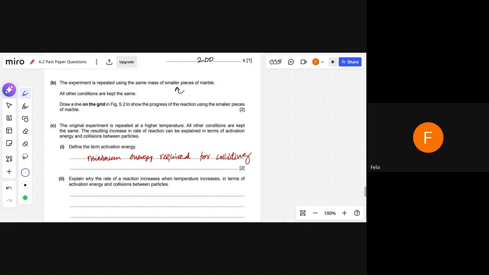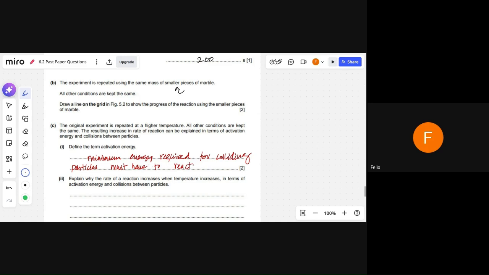The minimum energy required that colliding particles must have in order to react.